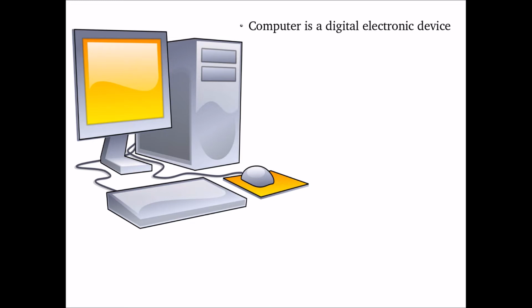What do you mean by digital electronic device? Digital electronic devices are the devices which actually work on only two voltage levels, either 0 or 1. And in contrast, analog electronic devices are those where we have to deal with a continuum of voltages.